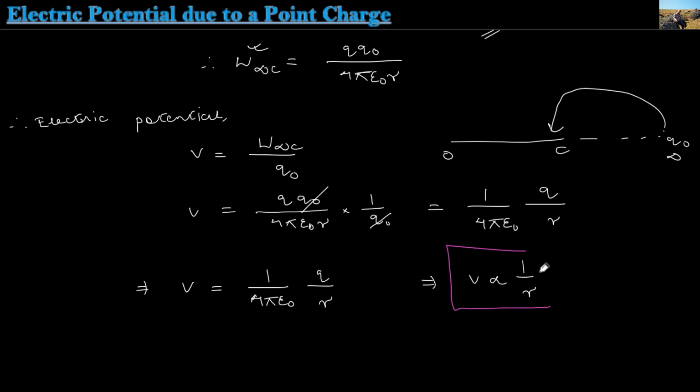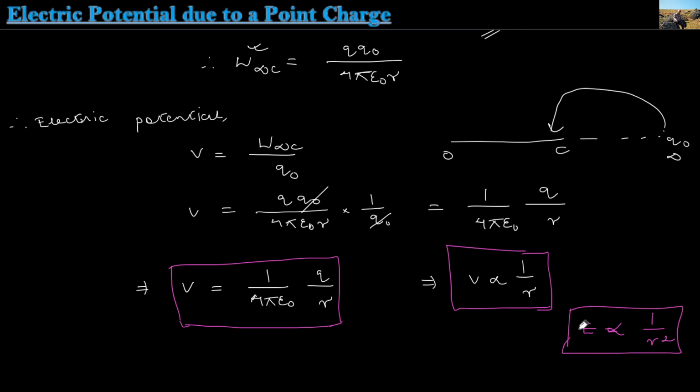So V for a point charge is given by 1 by 4 pi epsilon naught q divided by r. The electric field varies inversely as the square of the distance, while the potential varies inversely as the distance, because the power is 1.